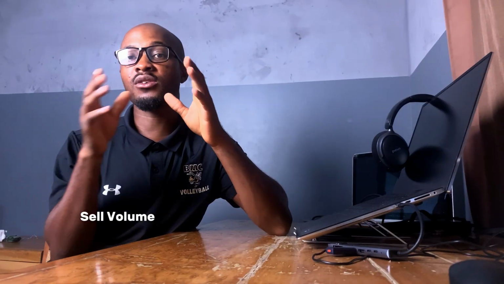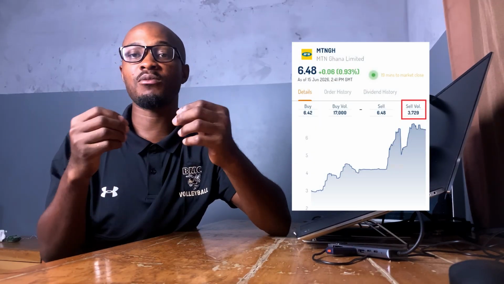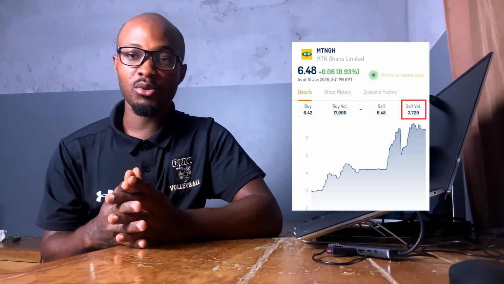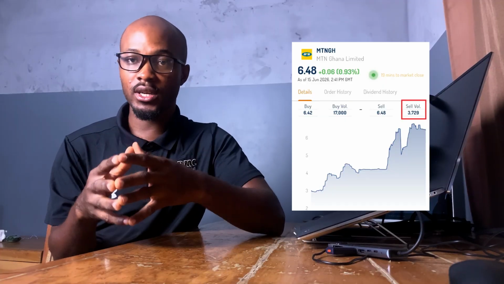By now, I'm sure you can already guess what the sell volume means, and you are probably right, but let's go over it. Just like the buy volume told us how many shares people want to buy at the buy price, the sell volume tells us how many shares are currently up for sale at the sell price. In our MTN Ghana example once again, the sell volume is 3,729 shares.